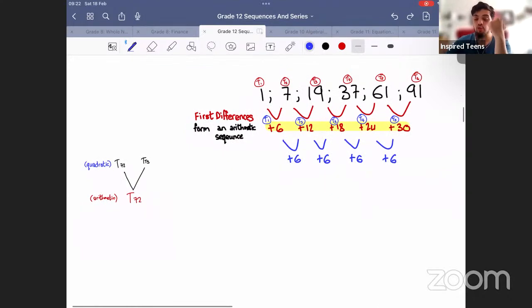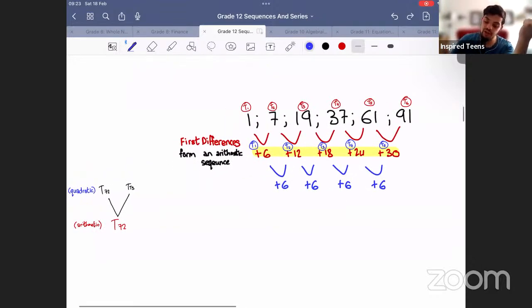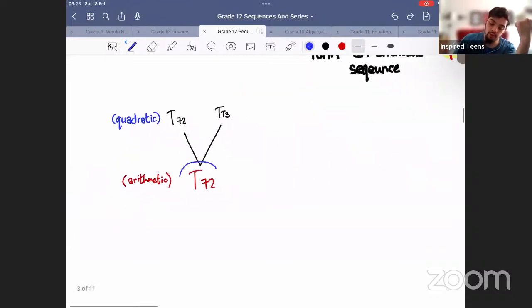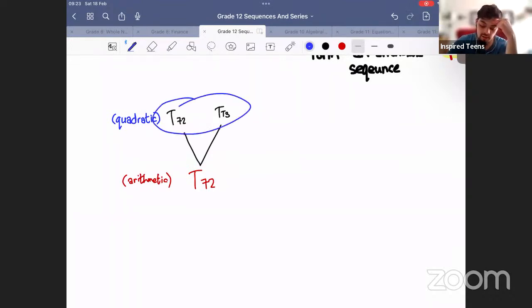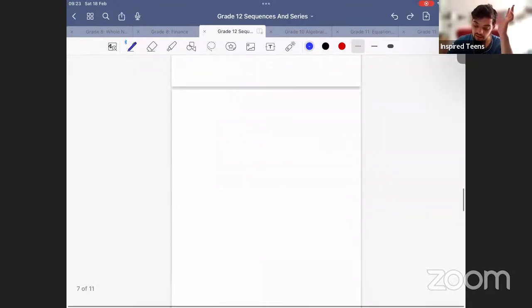The main thing right now is for you to have that understanding: I know that the first differences are in arithmetic, and I know which difference is between which two terms in the quadratic. So for example, if they ask between which two terms in the quadratic is the 72nd term in arithmetic, you would say between T72 and T73 in the quadratic.